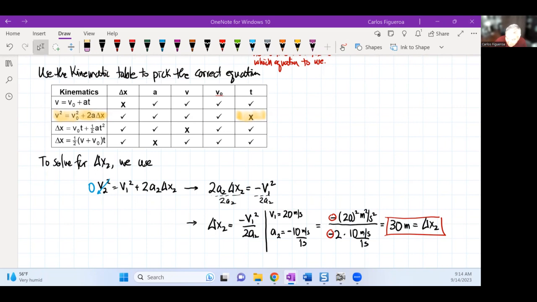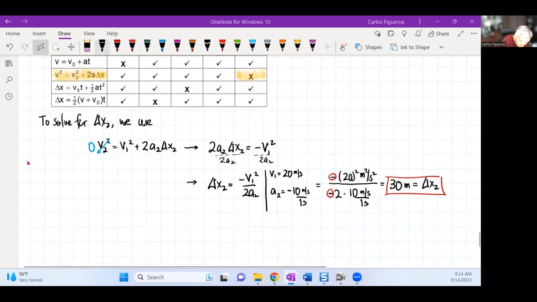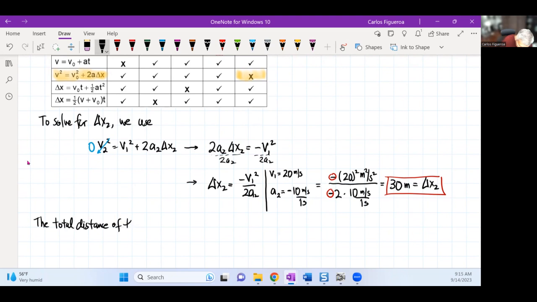Okay, so now what I'll do here is that I now know the total distance of the car. The total distance of the car is then delta x car, which will be delta x1 plus delta x2. We saw that this was 10, this is 30, so the total distance is 40 meters.